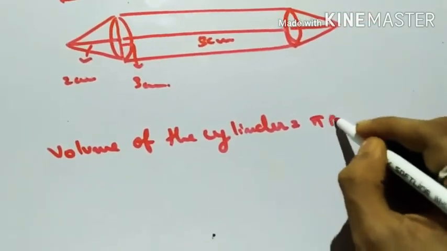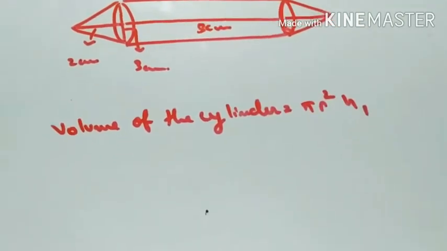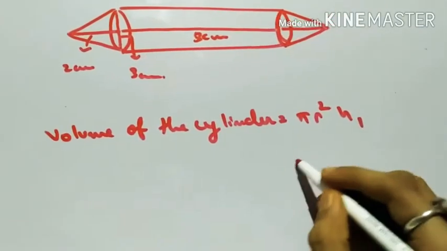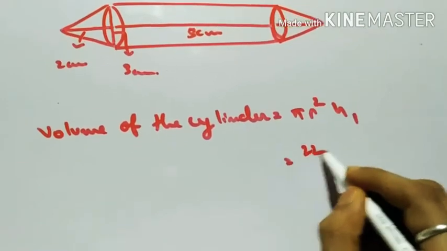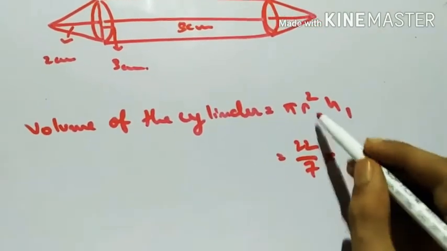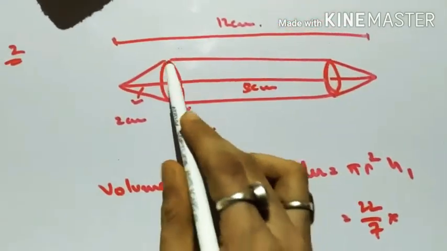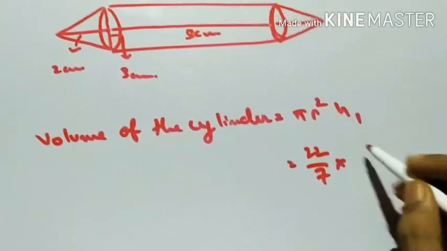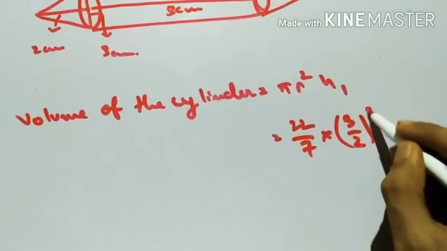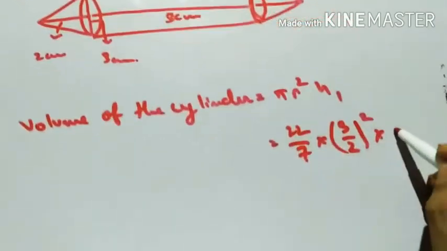Formula is pi r square h1, because I have taken height as h1, equal to 22 by 7 into radius. Diameter is given as 3, so radius will be 3 by 2 to the whole square. Height is 8.